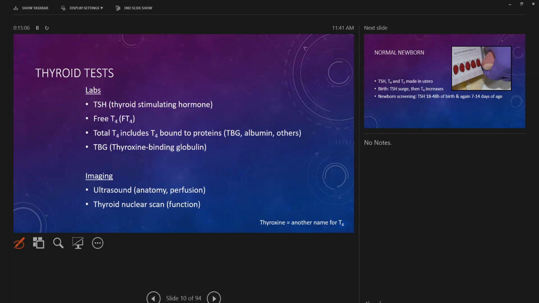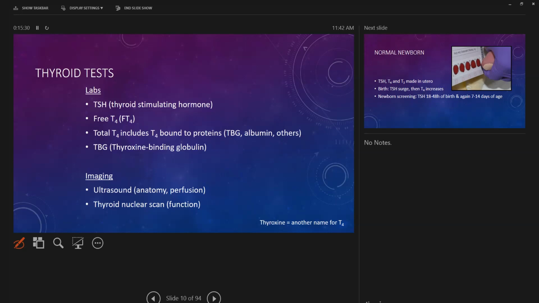We can also do free T4, which means it's not bound to that albumin car, or I guess it's not albumin, but a protein car, shuttle, if you will. Total T4 includes T4 that's bound to proteins and the T4 that's free. So usually we do a free T4 and a total T4.